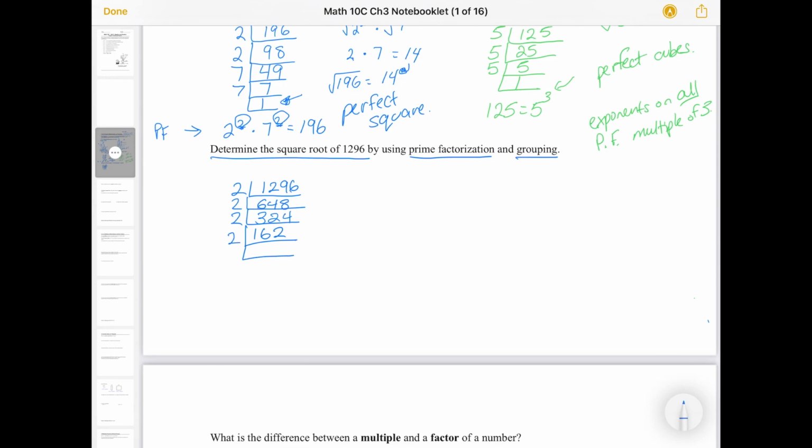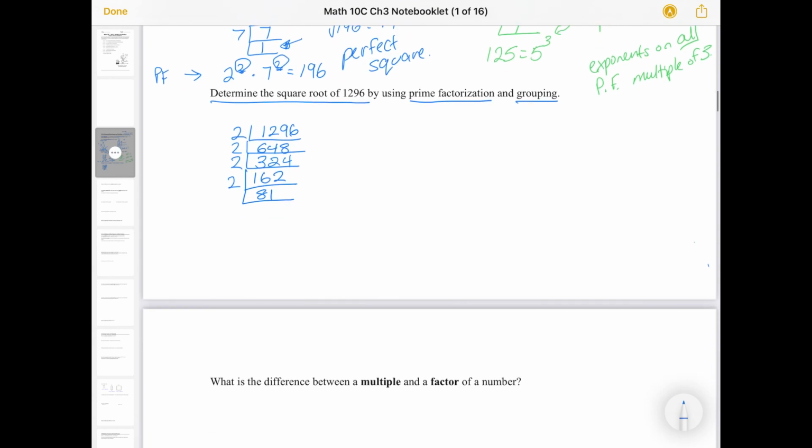So I start at, is it divisible by 2? Is it divisible by 3? 5, and so forth. And 162 divided by 2 is 81. So I can't divide by 2 anymore, but I can divide by 3. And 81 divided by 3 is 27. All right, now I'm dividing by 3 again. That's 9. Keep dividing by 3. And remember, I can only stop when I get my 1 here.